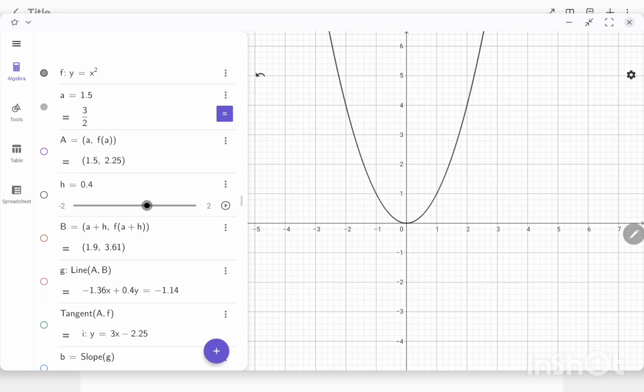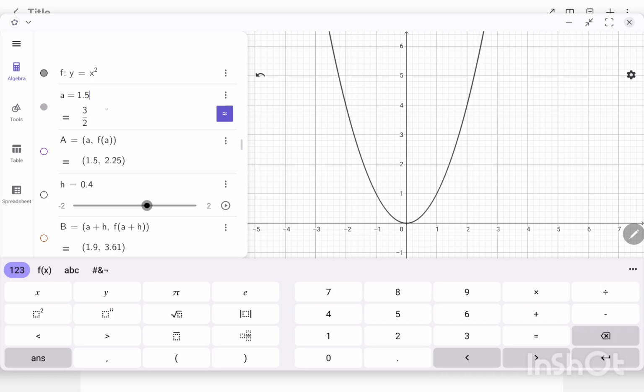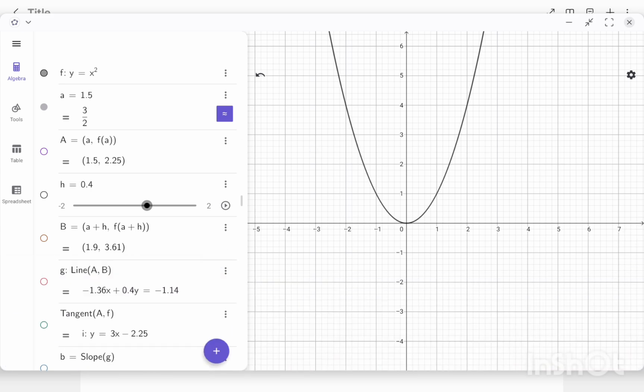Here I am going to take a point A. So let me take a is equal to 1.5, and it is my choice. We can take any value. Let me mark a point on this parabola.